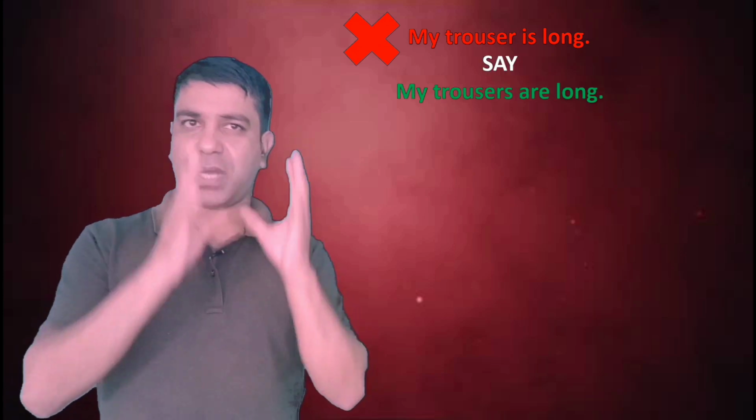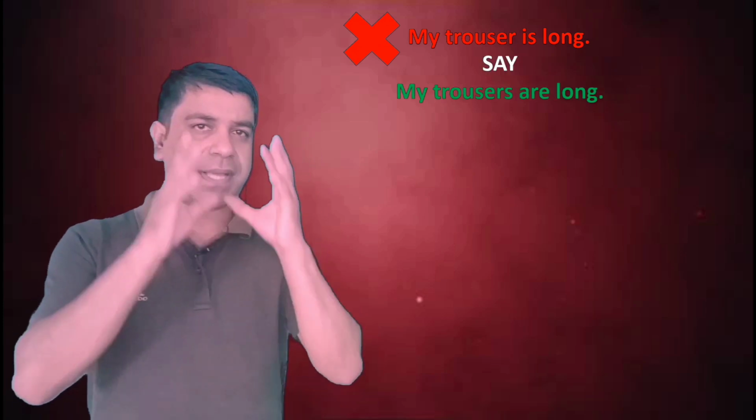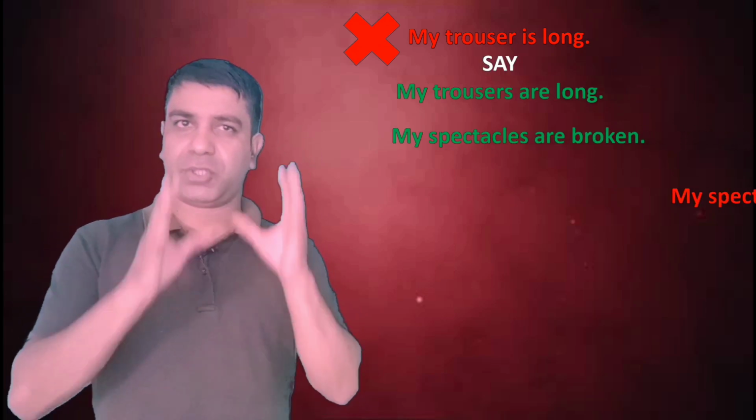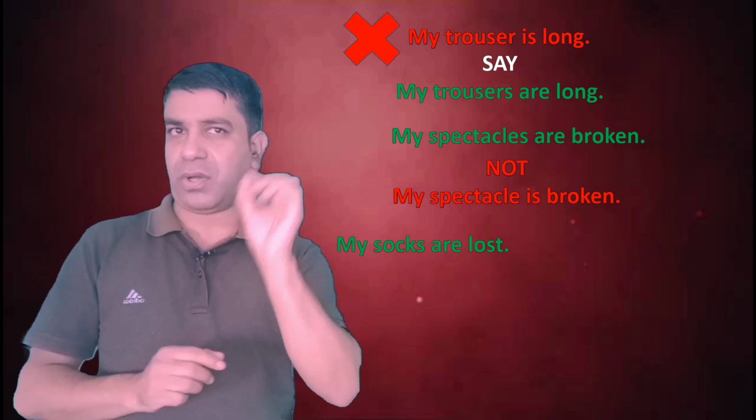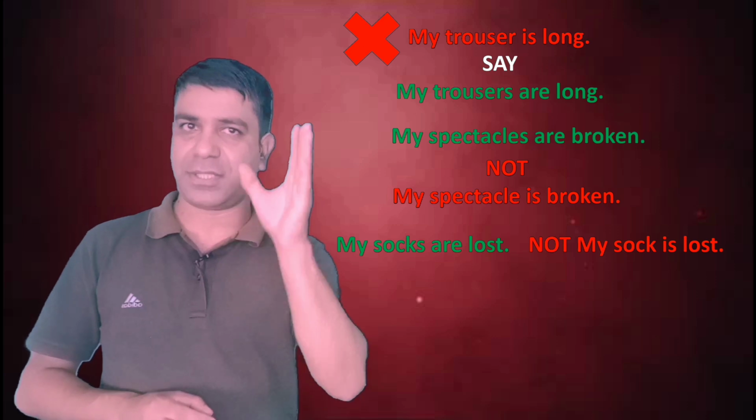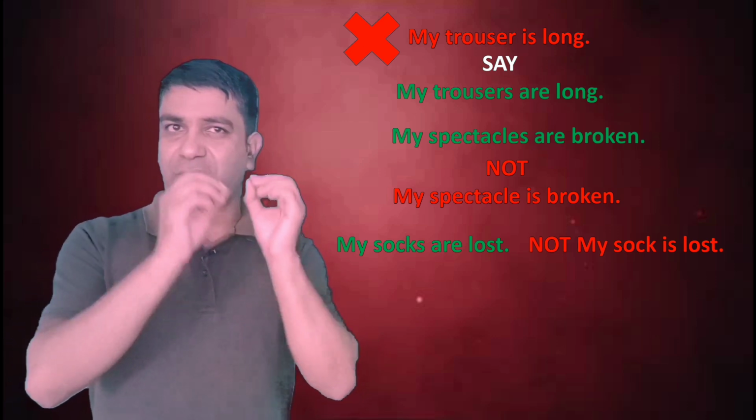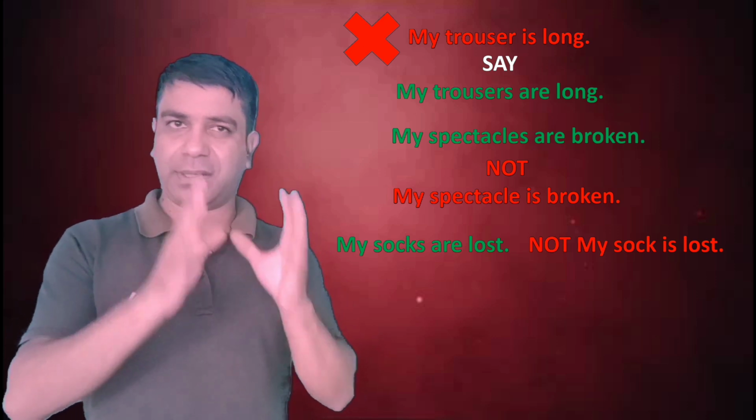Always say, my trousers are long. My spectacles are broken, not my spectacle is broken. My socks are lost, not my sock is lost. These nouns are always plural because they always come in pairs. So, plural verbs must always be used with these nouns.